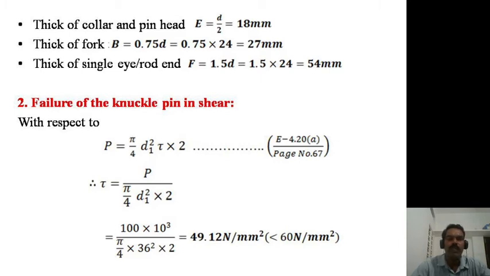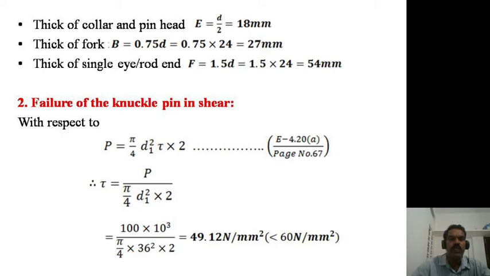This equation is available in DDHB page number 67, equation 4.20a. Therefore capital P is equal to pi divided by 4 into d1 square into stress. Which type of stress is applied here? Because it is failure of the knuckle pin in shear, we have to apply the shear stress value, that is tau into 2.